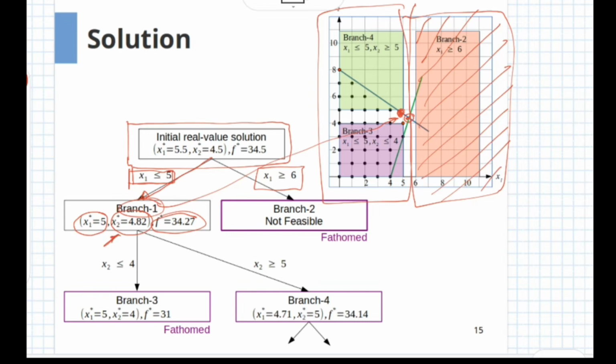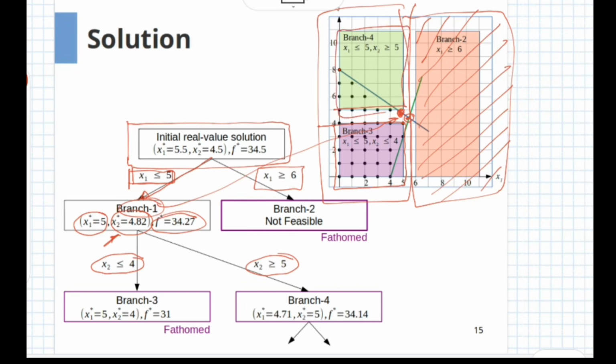So we'll apply the logic of the BBM method and branch based on x2 less than or equal to 4, which corresponds to the portion which is shown on the lower bottom side or the left bottom side of this figure, and the other one is x2 greater than or equal to 5, which corresponds to the green portion.